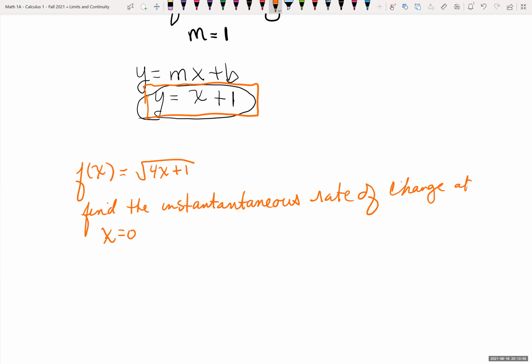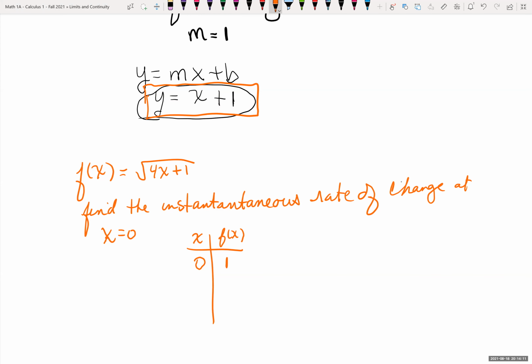So we have 1 point. If we plugged in 0, we got back the square root of 1, which was 1.